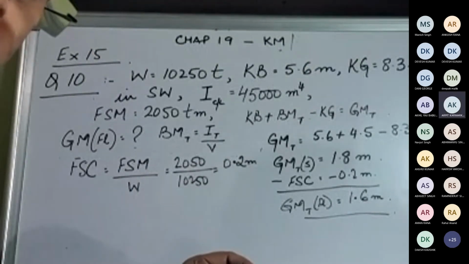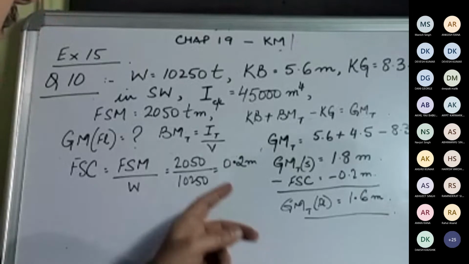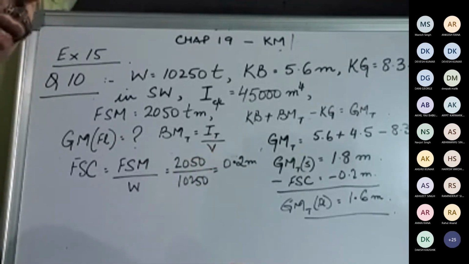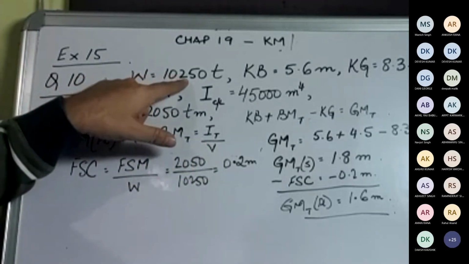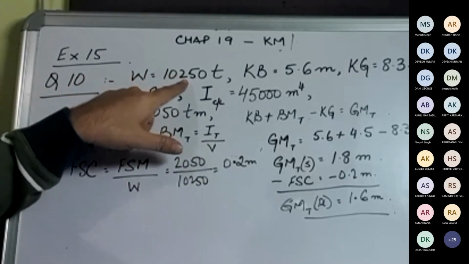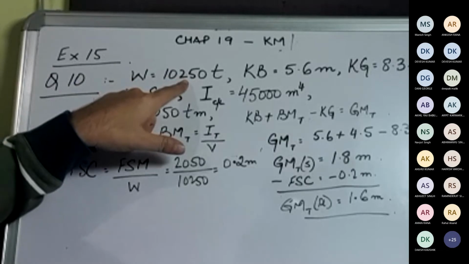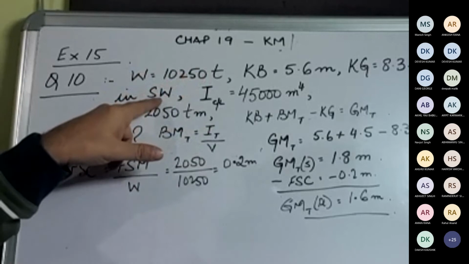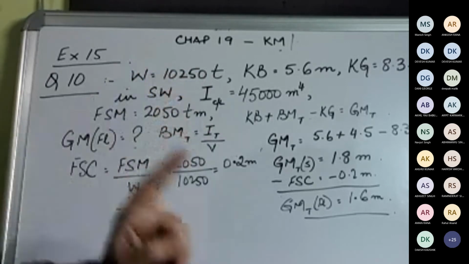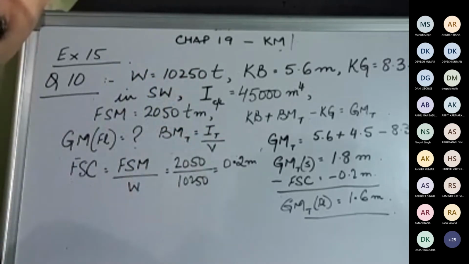Sir, what is this V, sir? V is underwater volume. Okay, sir. Underwater volume is displacement divided by density. So 10250 divided by 1.025 will give me 10,000. Yes, sir. Understood. Thanks.